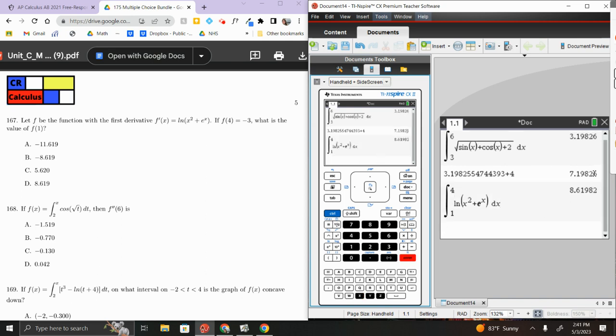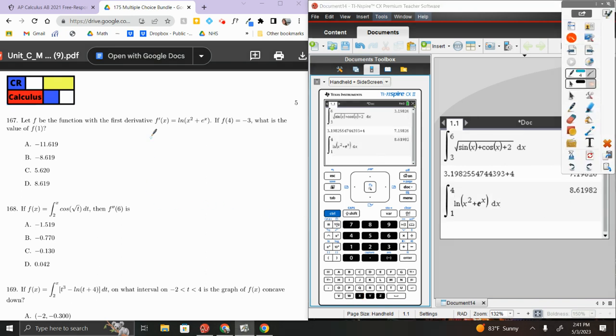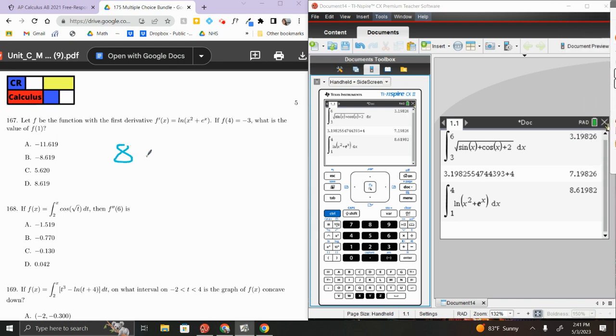So we should get 8.619. And we know that should equal whatever our top bound was, so f of 4, minus f of 1.